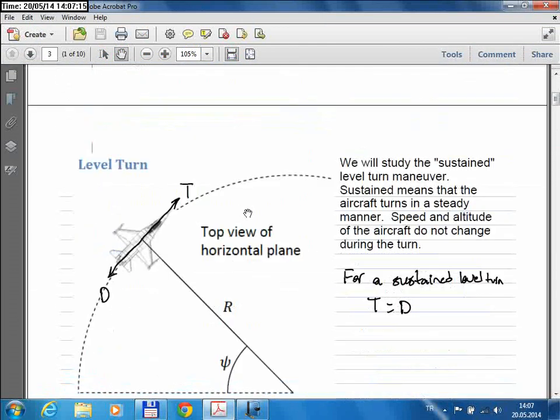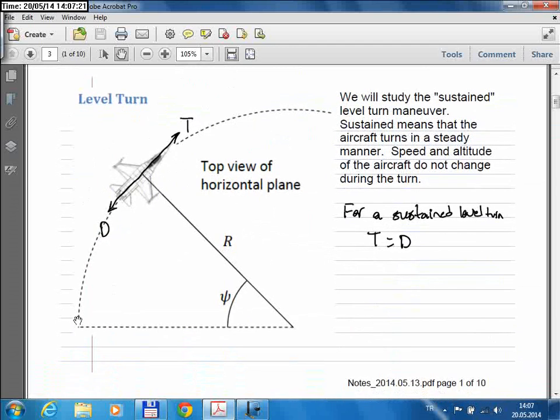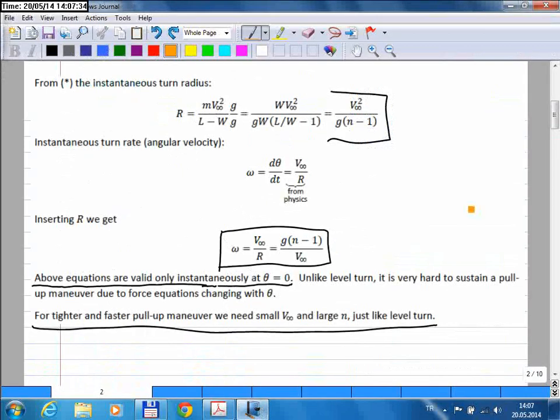You can perform a level turn maneuver with fixed controls. The pilot sets the elevator, aileron, rudder, all the controls to the correct values, and then the aircraft can perform a sustained level turn maneuver without changing anything. But it is not the case for the pull-up maneuver.